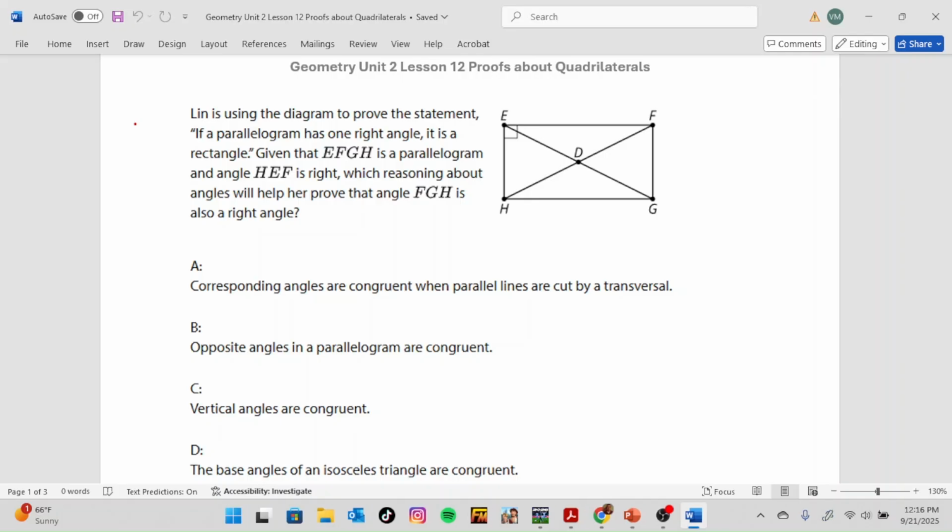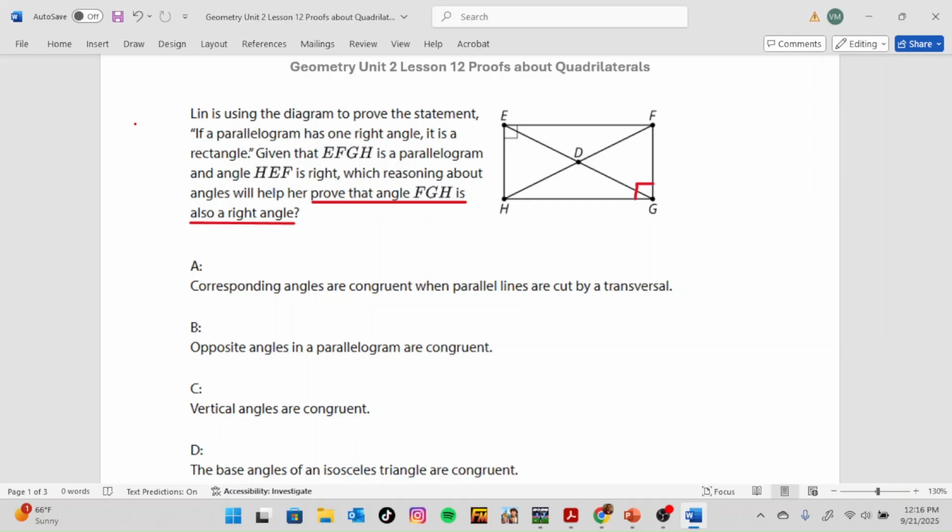So if she is trying to prove that angle FGH is also a right angle, then FGH would be this angle in the bottom right.